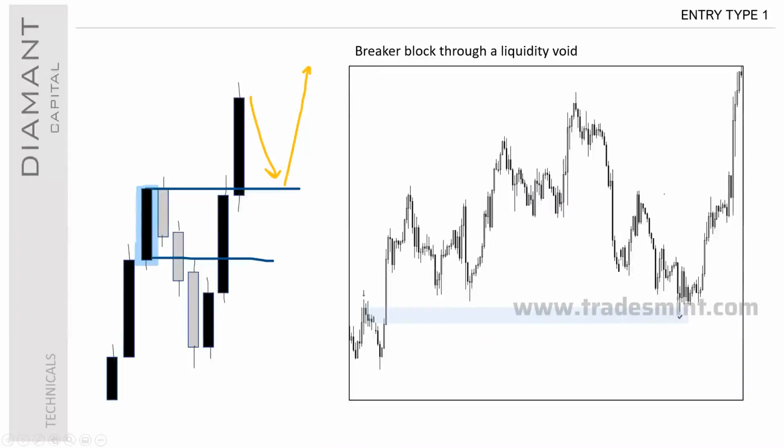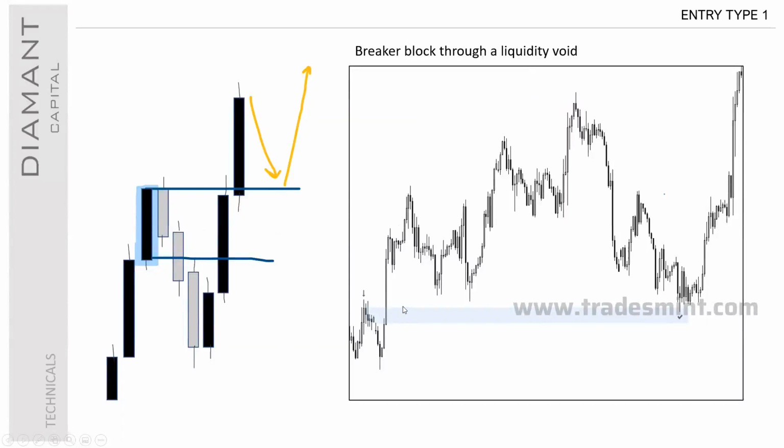We're going to get more into liquidity voids, but to explain it simply, it's a place where there's unbalanced movement. So you see here how we're going up and we're going down. We're going up, going down, going up, going down. We're seeing black and gray candles, but with a liquidity void or an imbalance, it's what you would say is unhealthy price action.